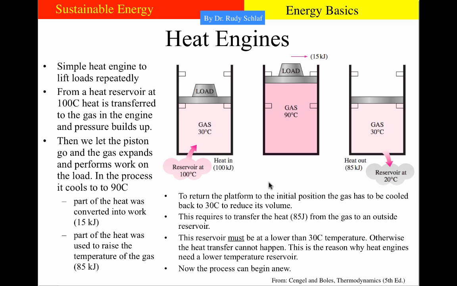If you think of this as a gasoline engine, then the low temperature reservoir, that would be the air that is going through the radiator, and the high temperature reservoir, that would be the heated gas after the explosion in the combustion chamber. The work that's being performed by the gas in the case of a car, that is of course imparting kinetic energy on the car.